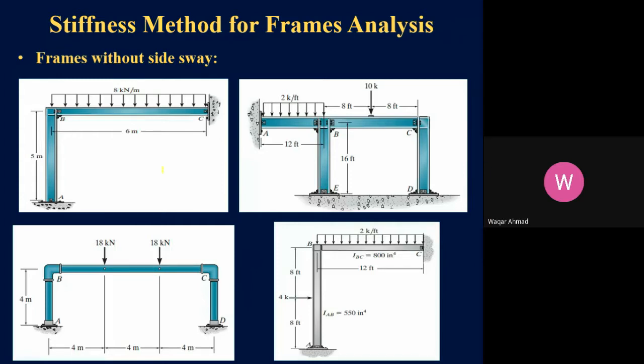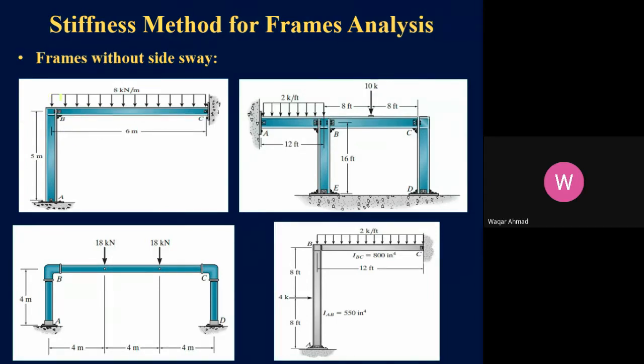We can see that here we have a fixed support, and a uniformly distributed load is acting on this frame member. So this frame structure cannot deflect sideways, because we know that there is no lateral load present.